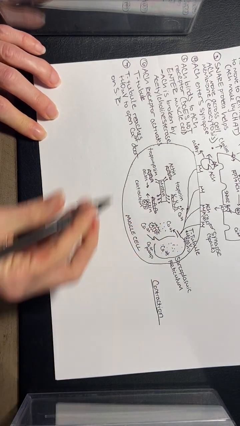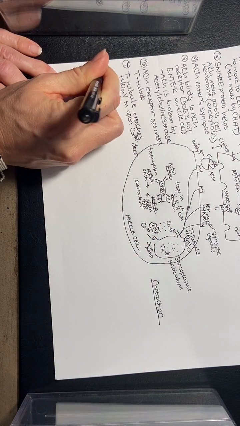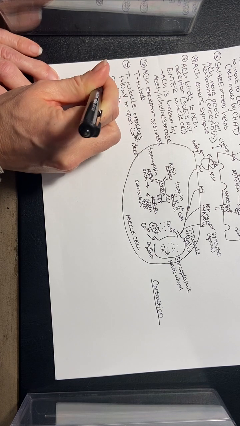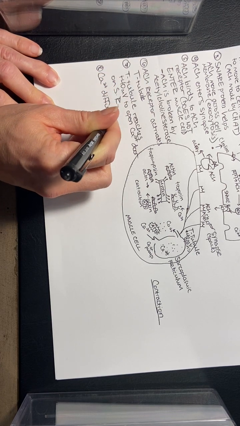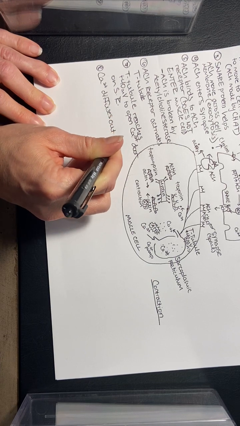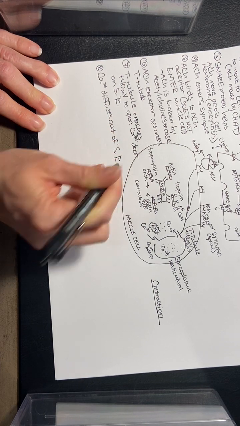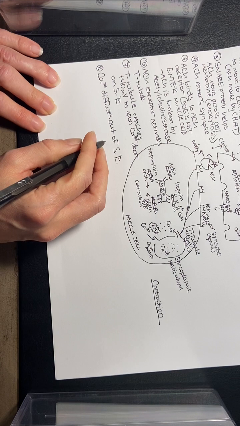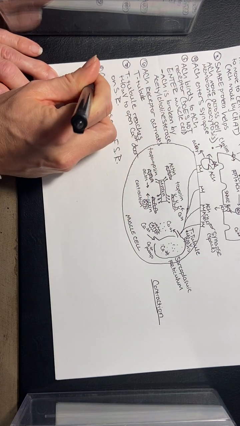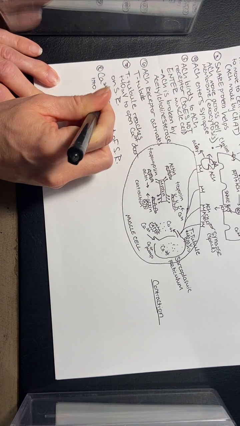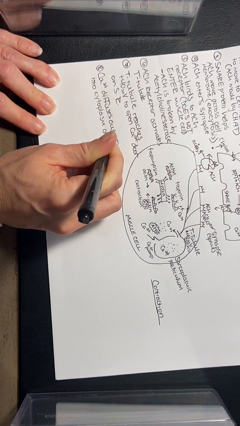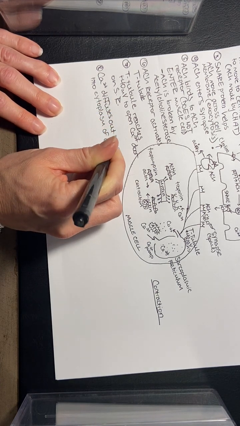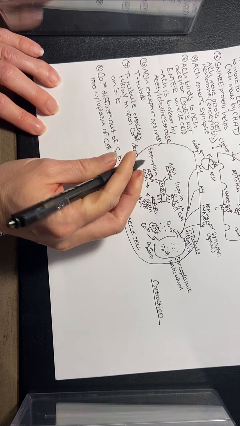So then the calcium, this is a 7, this is an 8, so the calcium diffuses out of the sarcoplasmic reticulum, and it goes into the cytoplasm of the muscle cell. I'll just say cell because I'm running out of room.